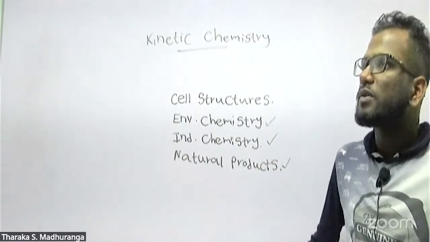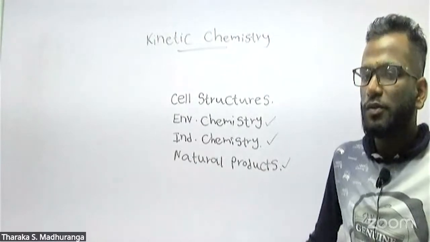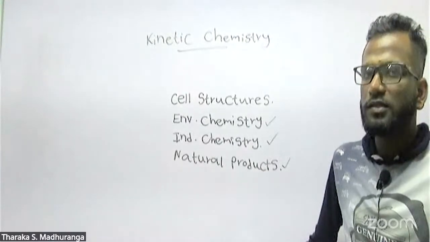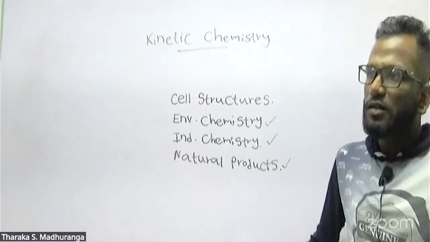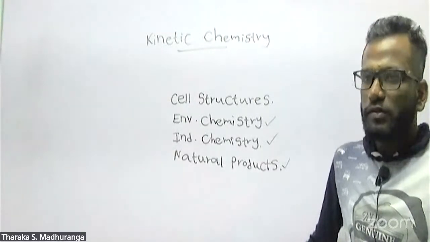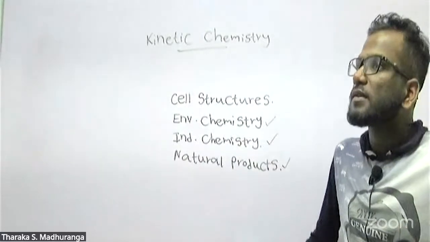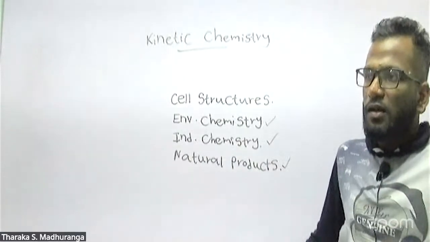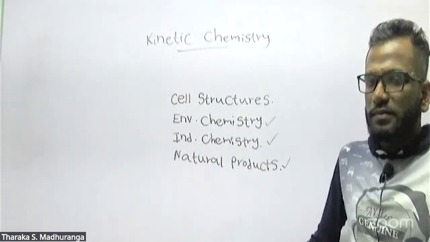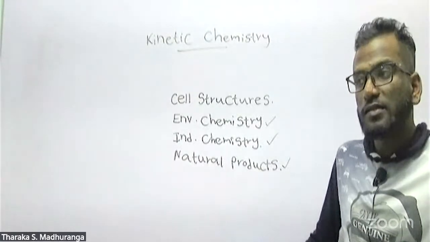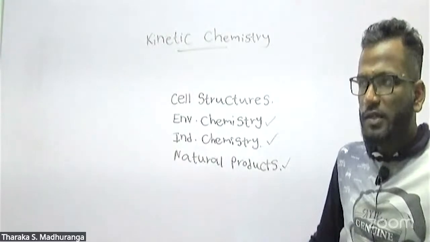In industrial chemistry, we need to discuss soap production, biodiesel production, caustic soda production, paper production, and phosphate fertilizer production.